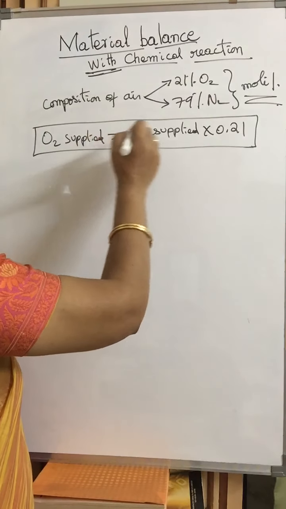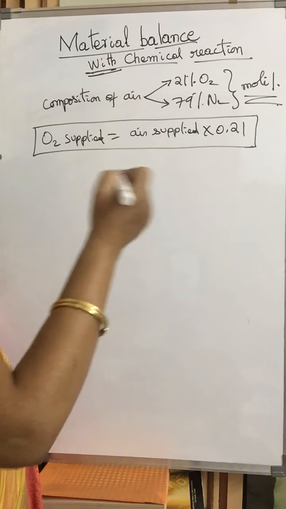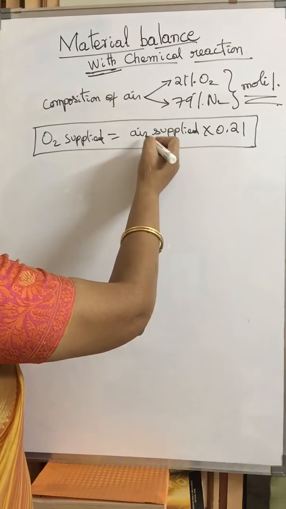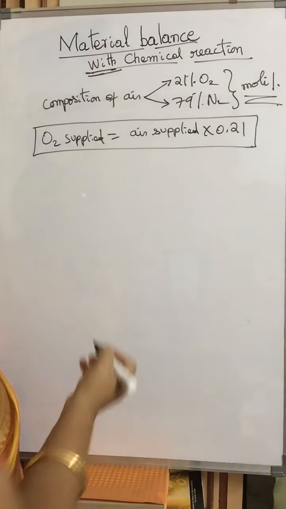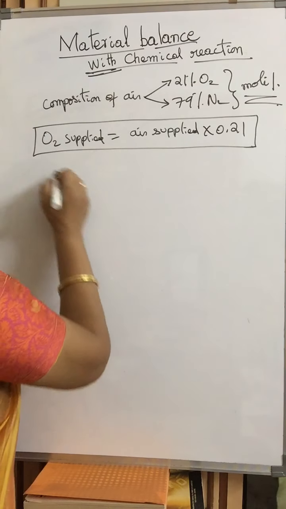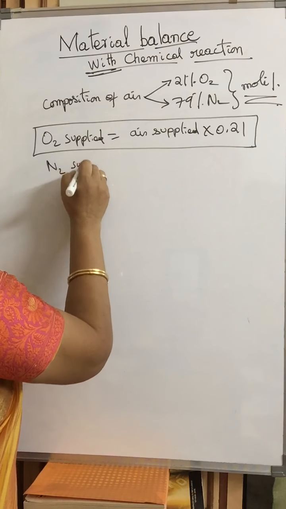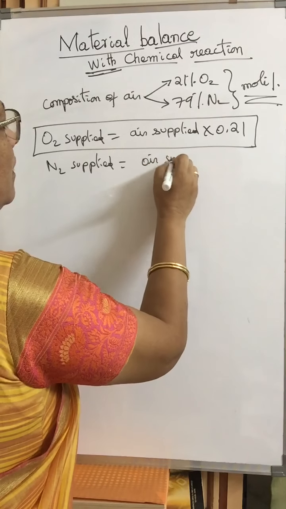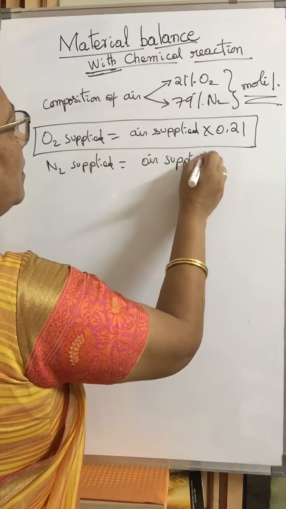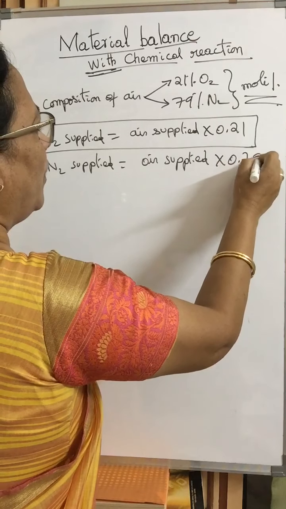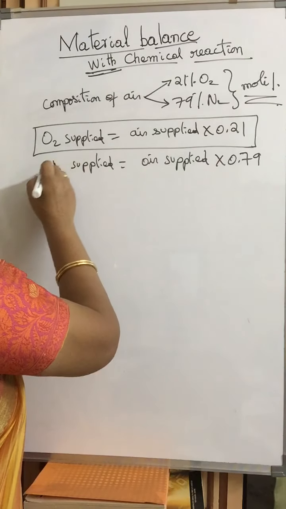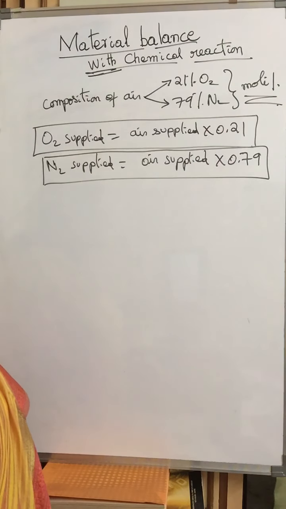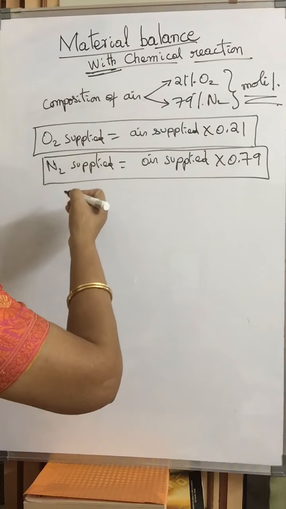In the same way, nitrogen supplied equals air supplied times 0.79, since 79% of air is nitrogen.